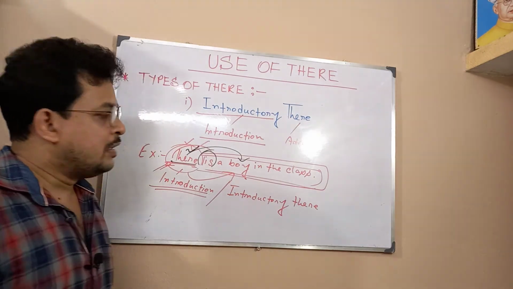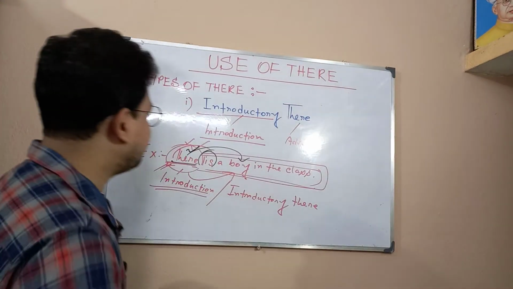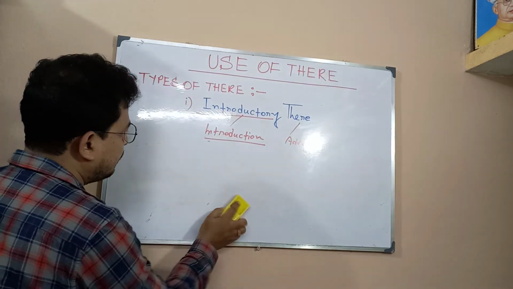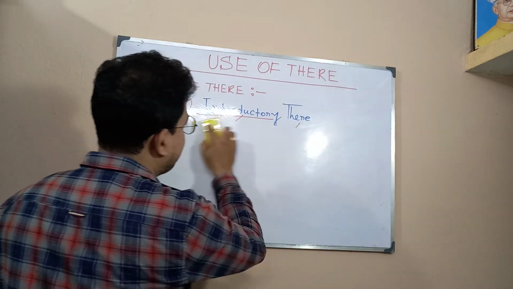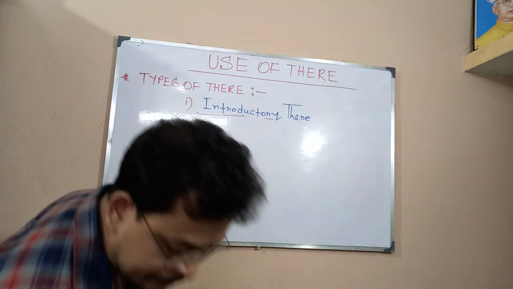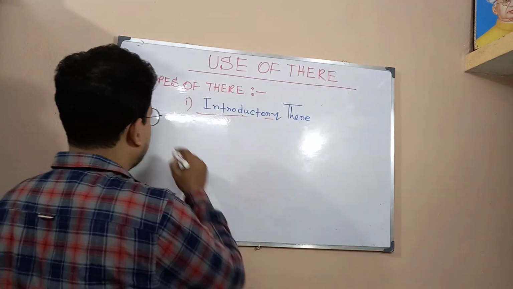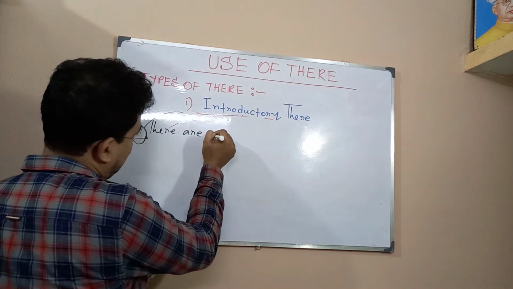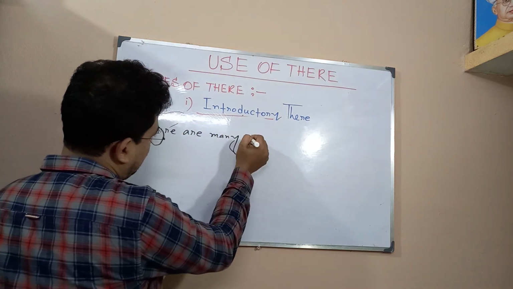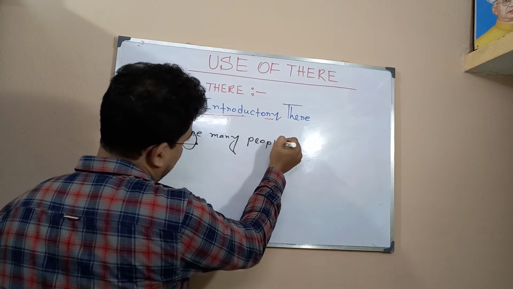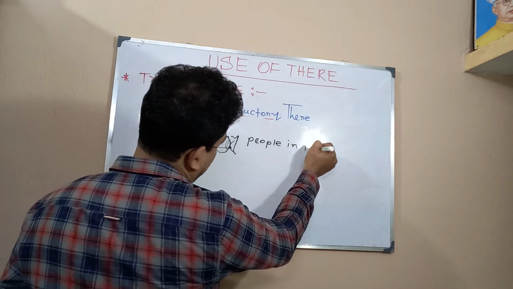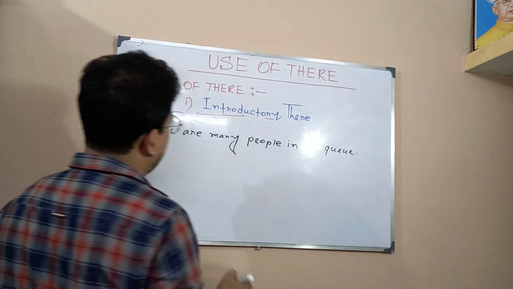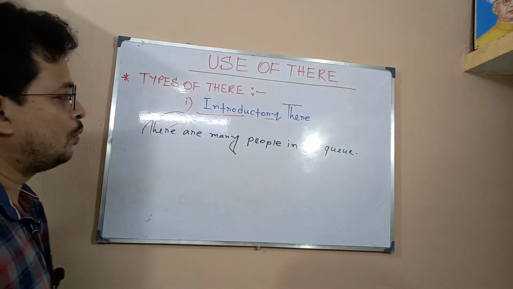So I am giving you another example, then it will be clear to you. There are many people in the queue.